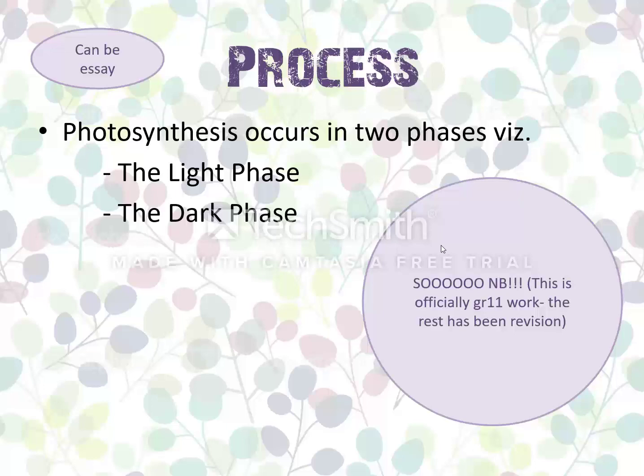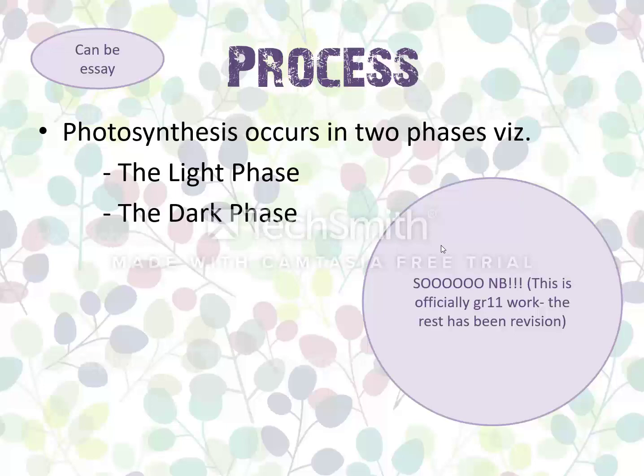But some of those will be used in the light phase and some in the dark phase. Also, some products will only be made in the light phase and some only in the dark phase. So let's get into it and then you'll understand better.